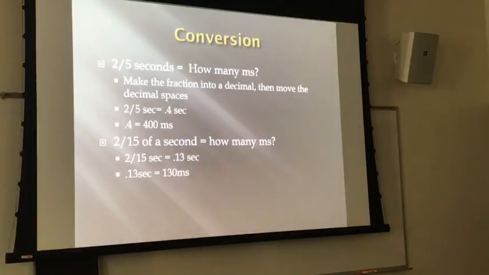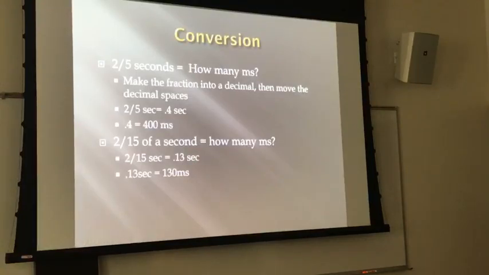If we have fractions converting to milliseconds, we've got to convert the fraction to a decimal and then convert to milliseconds. So 2/5 of a second: we convert that to a decimal first. 2 divided by 5 gives you 0.4, so it's 0.4 seconds. How many milliseconds is that?